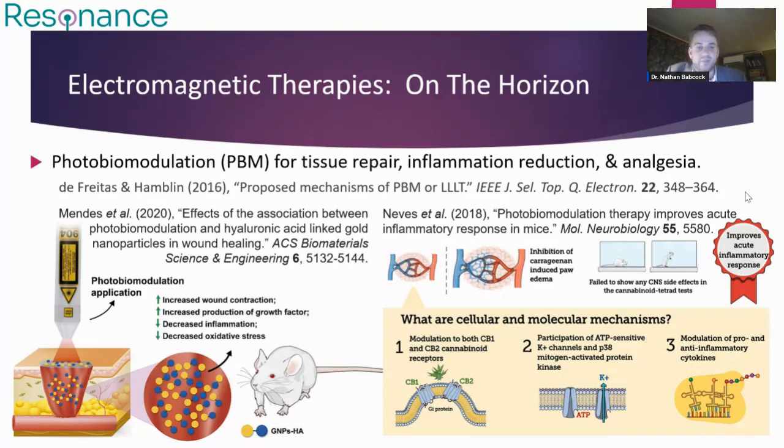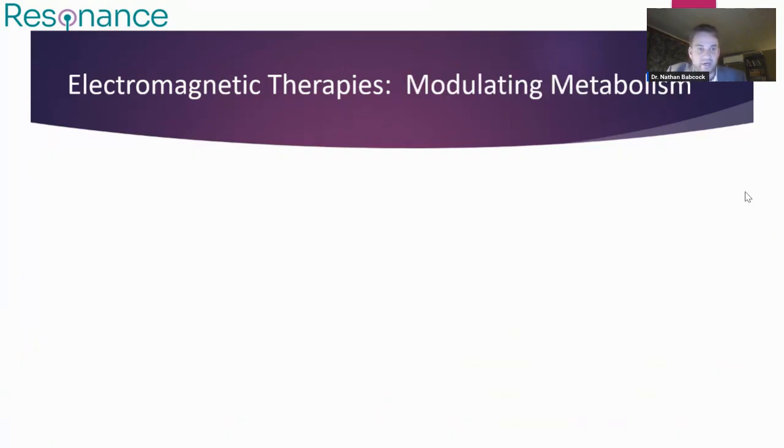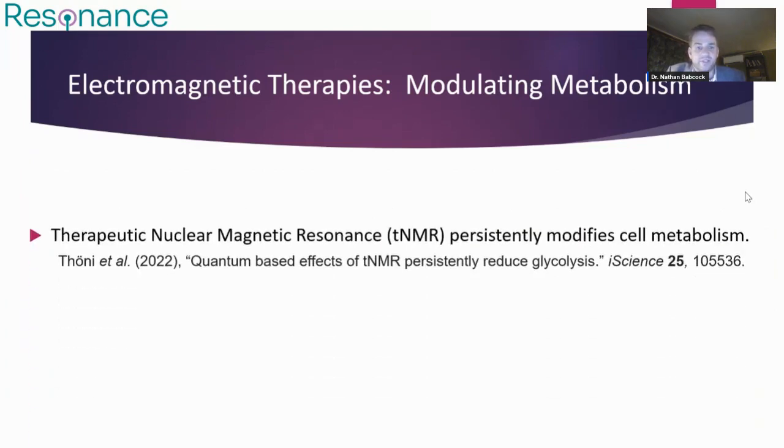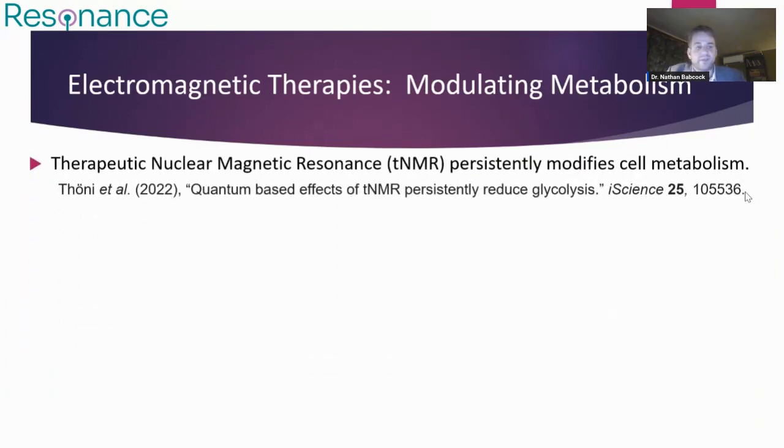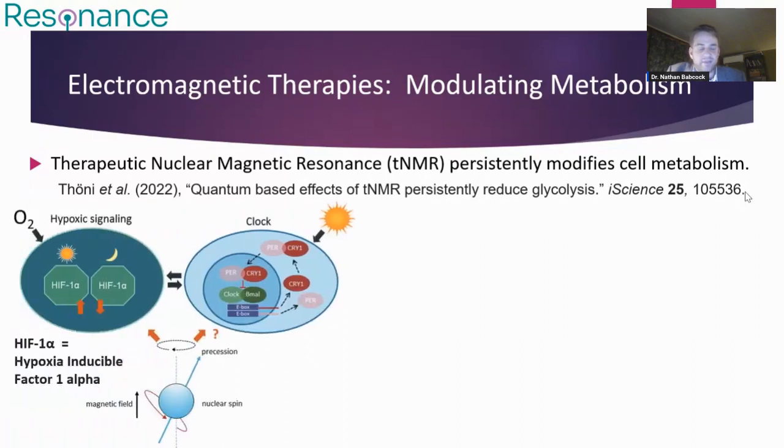So there's some research that has been done to show that this kind of therapy could also be helpful for cytokine or inflammatory related diseases as well. Now, these kind of therapies work by modulating metabolism. For example, therapeutic nuclear magnetic resonance therapy can be used to persistently modify cell metabolism.